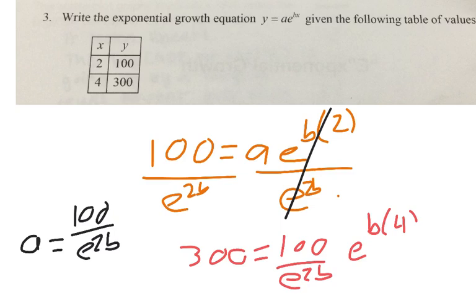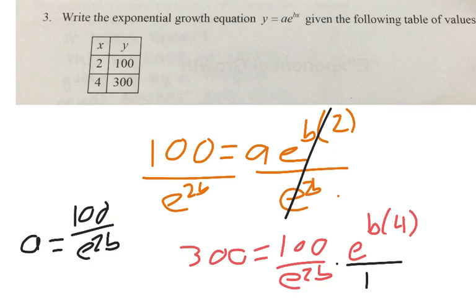Now it's e to the 4b in the numerator and e to the 2b in the denominator. You just subtract the exponents.